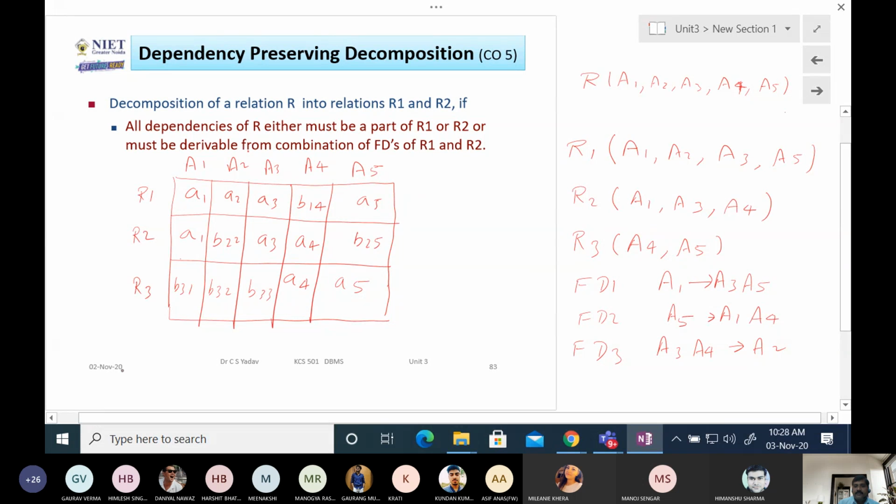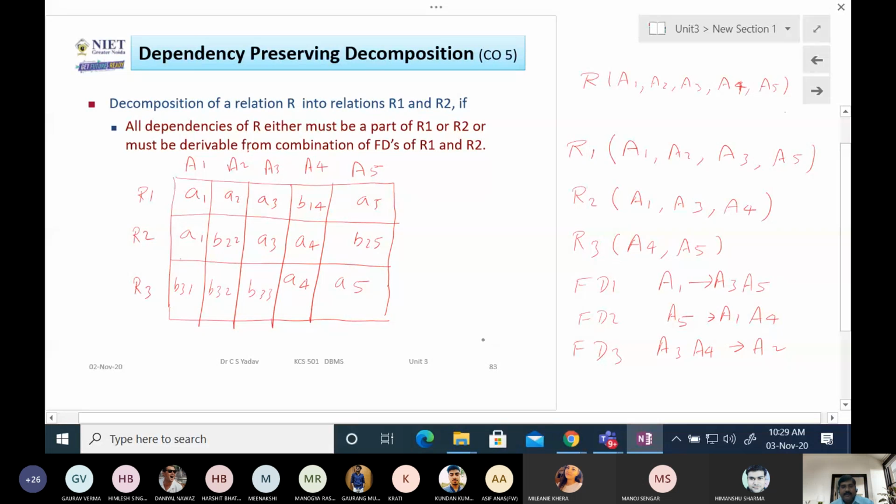Now for each FD set we find out the 2 rows, and if the left hand side is equal, then we will replace the right hand side by a symbol. Okay, and if any of the rows contain all the A's, then it is lossless decomposition, otherwise it is lossy decomposition.